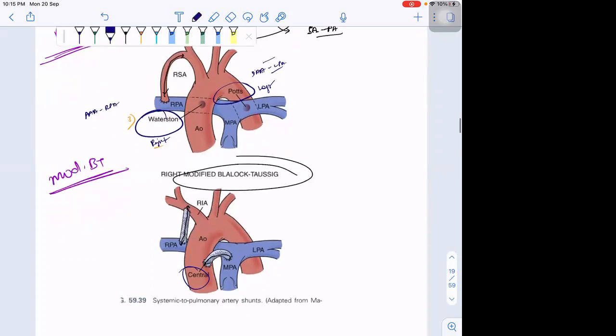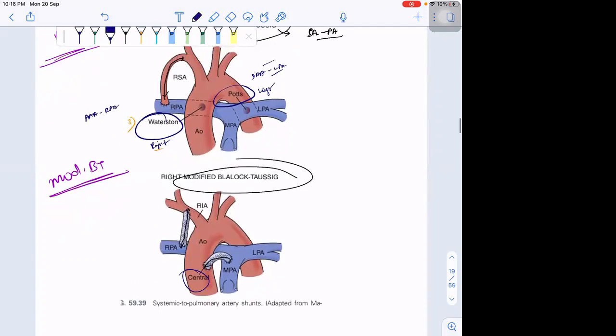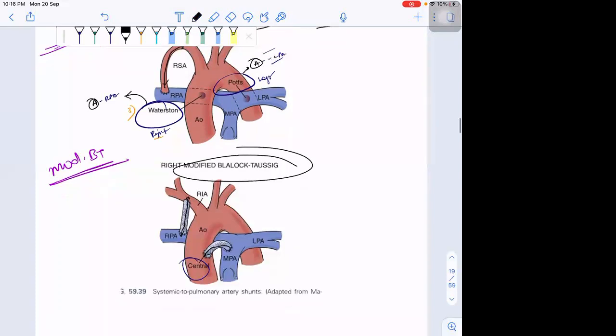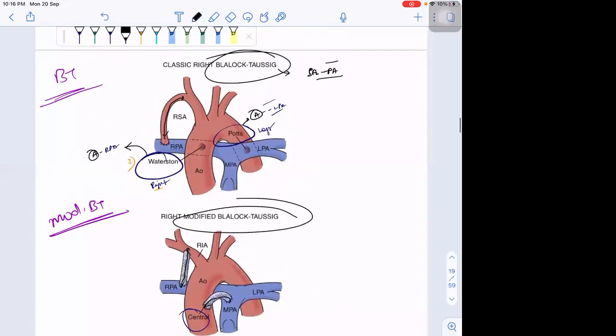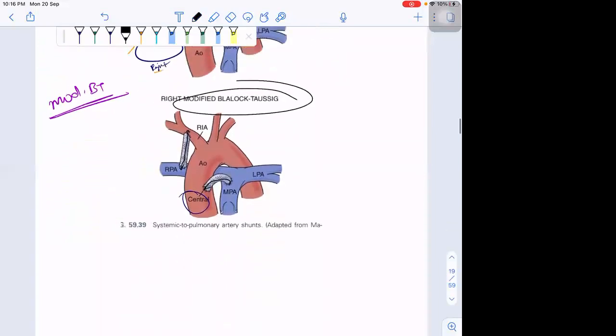Just remember this: aorta to right pulmonary artery is the Waterston shunt, and aorta to left pulmonary artery is the Potts shunt.